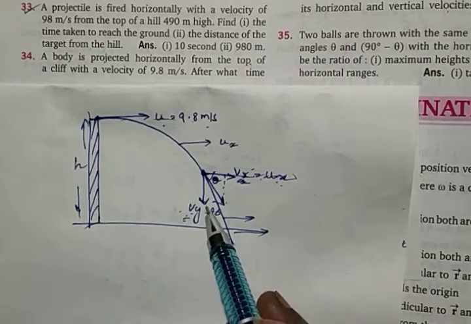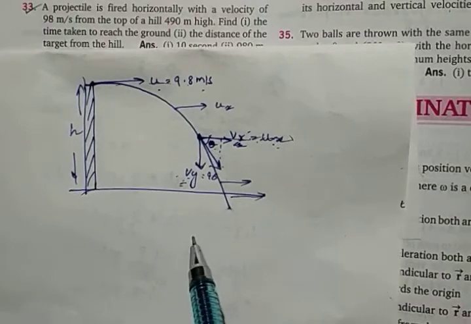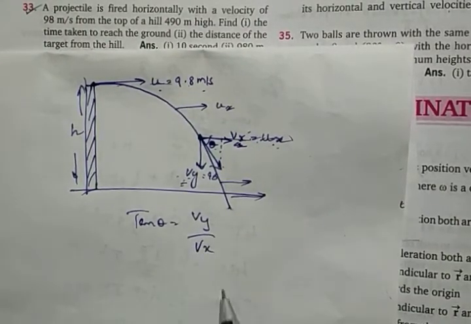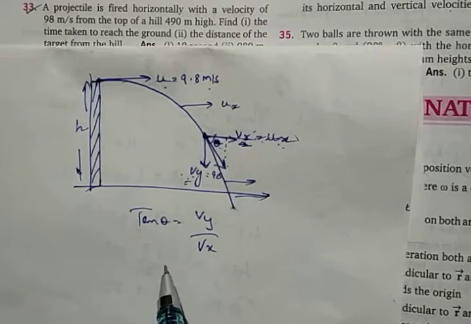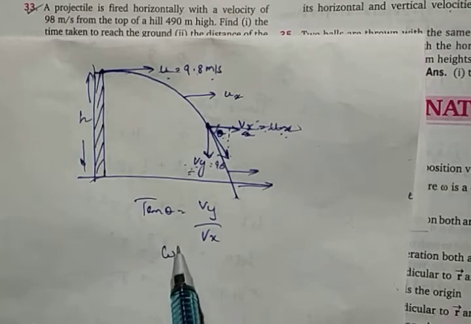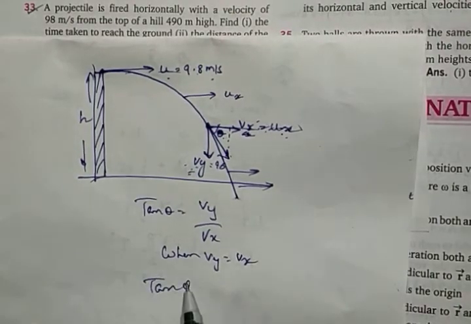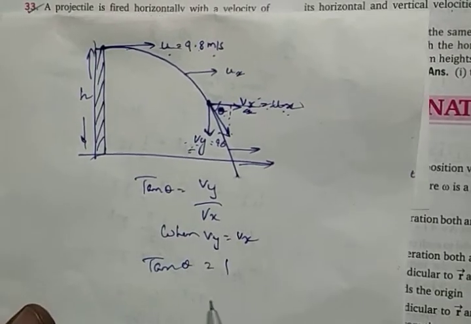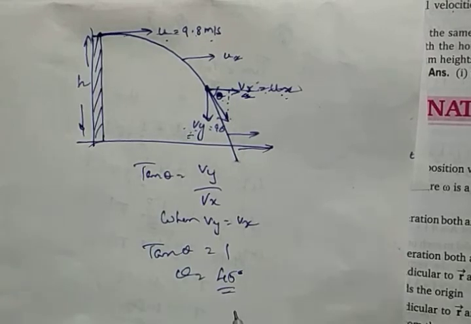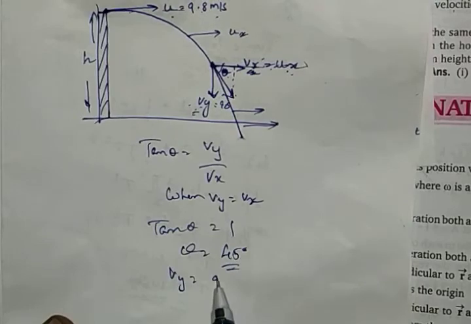Okay. Now what is the condition? What is the theta value? Tan theta is going to be equal to Vy upon Vx. So when Vy equals Vx, tan theta is going to be equal to 1, so theta is going to be 45 degrees. So Vy is also going to be 9.8 meter per second.